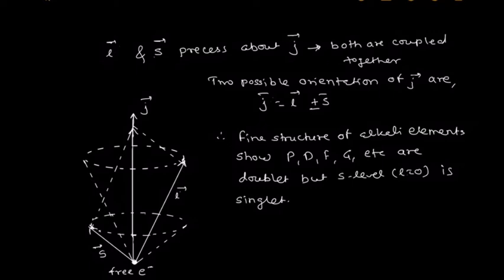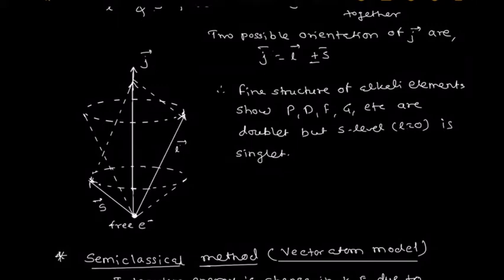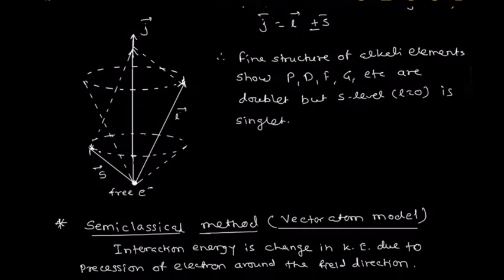The similar result we can also explain by considering another method. That method is the semi-classical method, also known as the vector atom model.